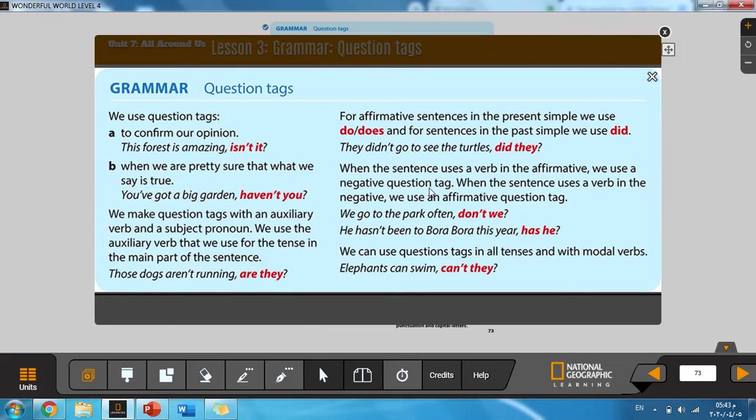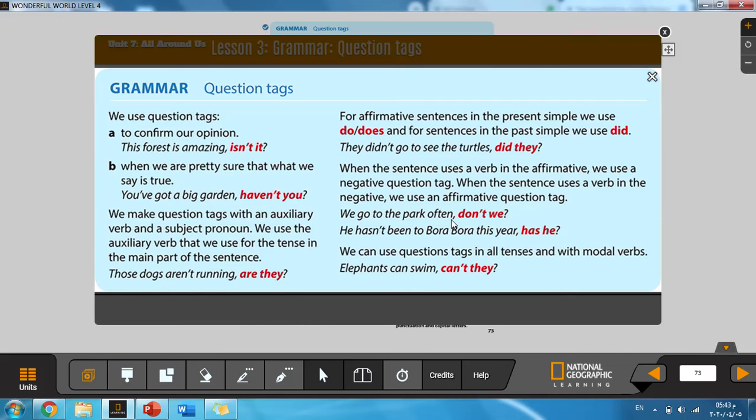We go when the sentence uses the verb. We go to the park often, don't we? So he's asking to confirm the information he has. He hasn't been to Bora Bora this year, has he? Bora Bora is the name of a place.